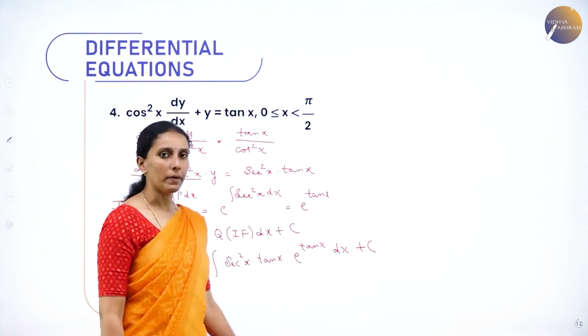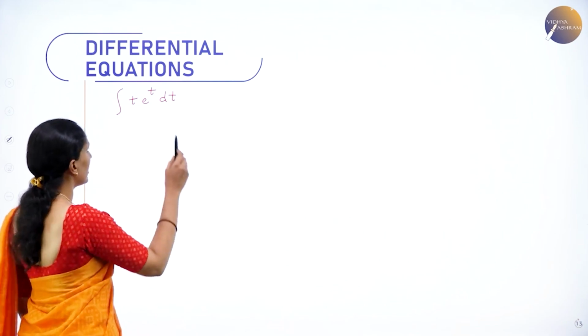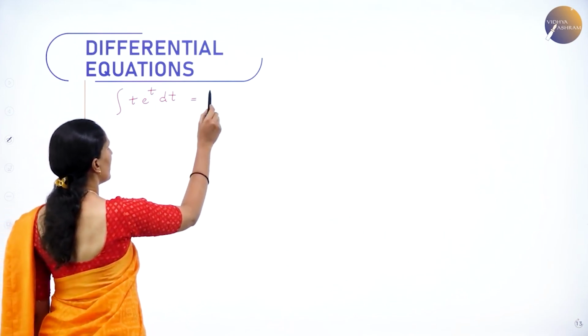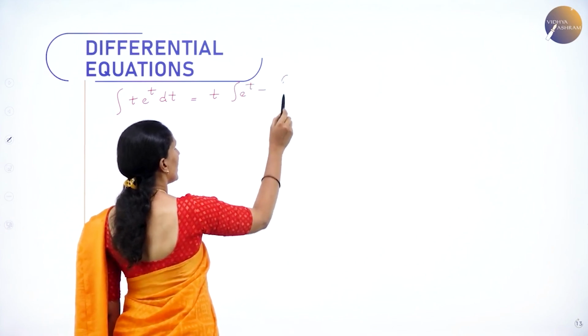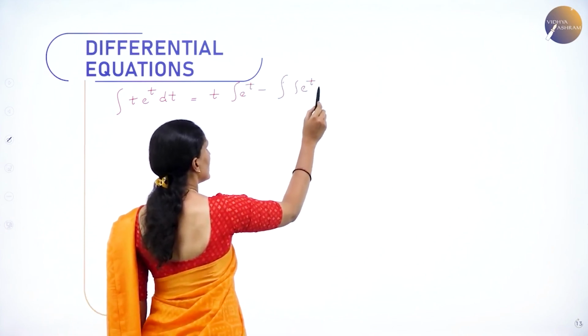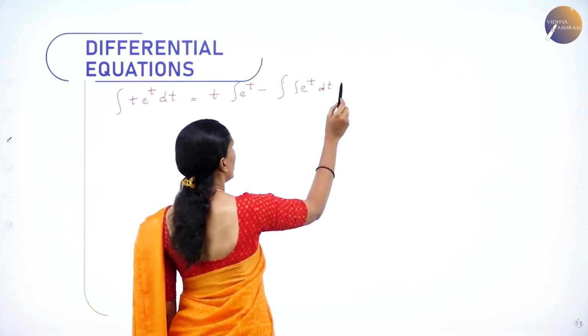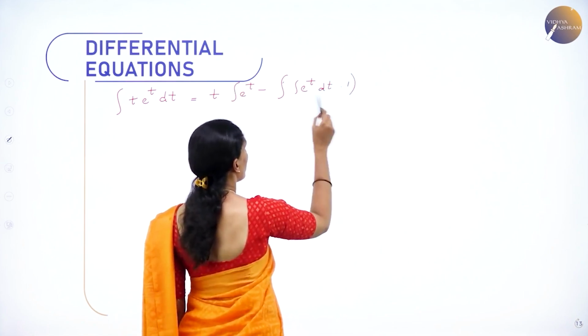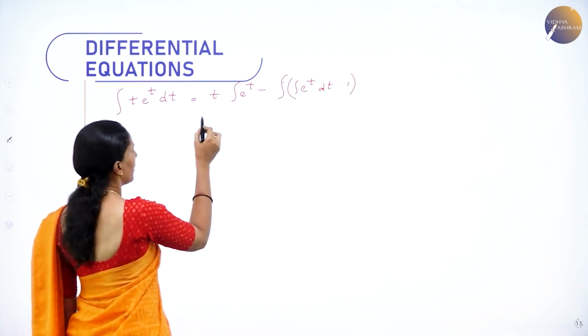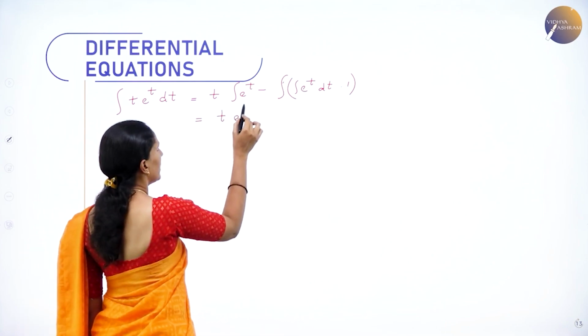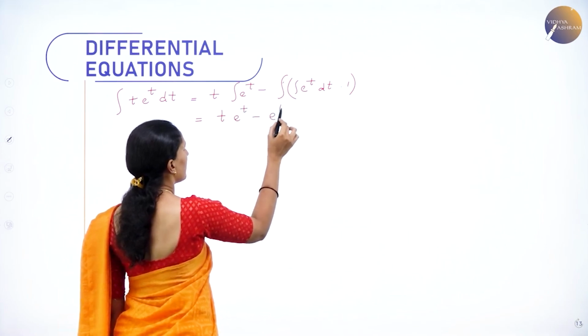This is t into e power t. Now apply integration by parts. First function t, integral of the second function minus integral of the derivative of the first times the integral of the second, with respect to dt. The derivative of the first is 1, and here we have plus the integration constant. So this becomes t e power t minus e power t.